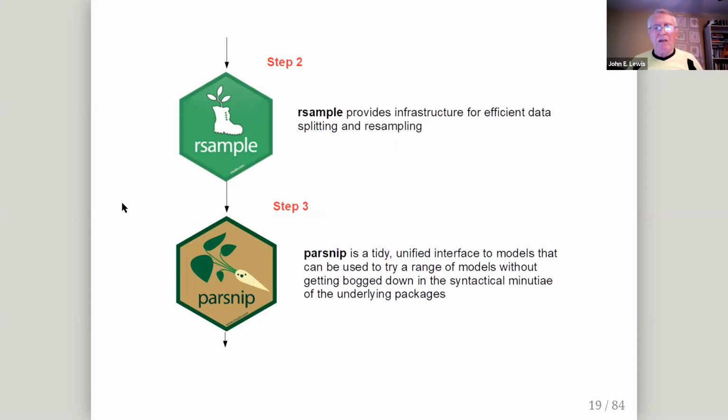The third step then becomes really the heart of this particular workflow, and that's the parsnip package. It's a package that contains an interface to some odd 30 models within the R environment. And so you have a range of these models where you won't bog down in the kind of minutia of the format of these underlying packages.